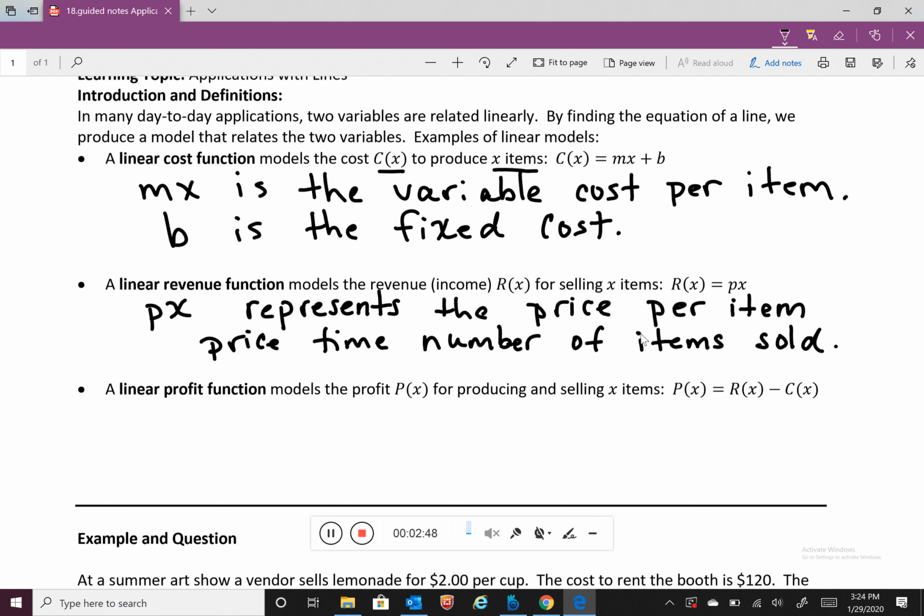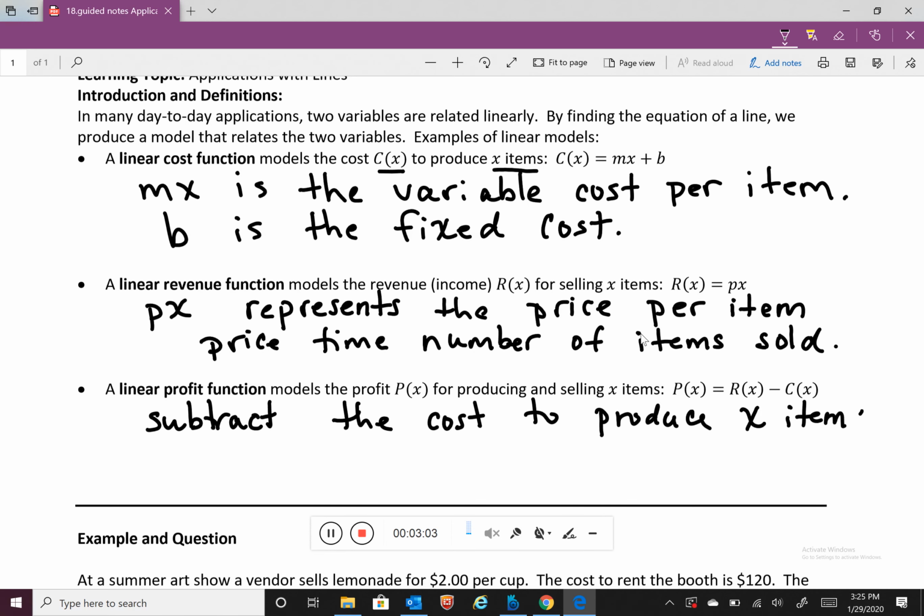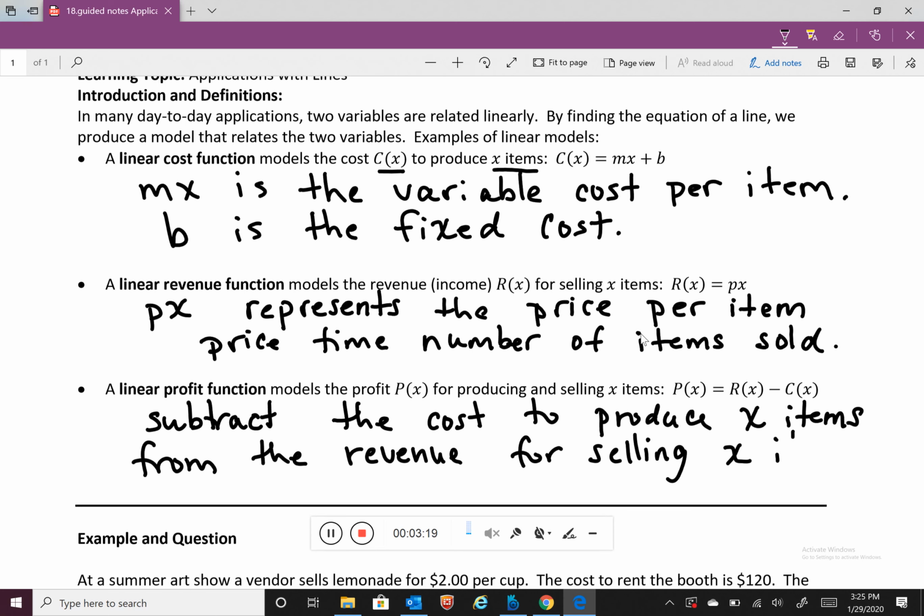In order to find this, we're going to subtract the cost to produce or make X items from the revenue or income for selling X items.